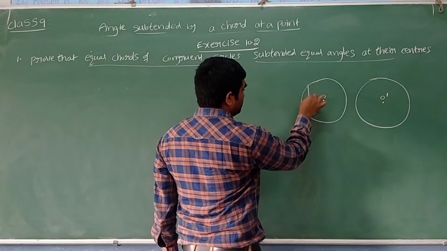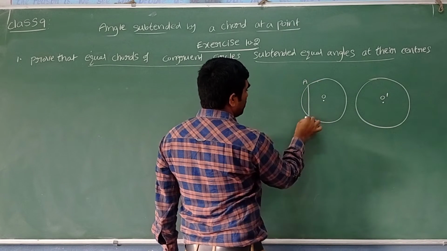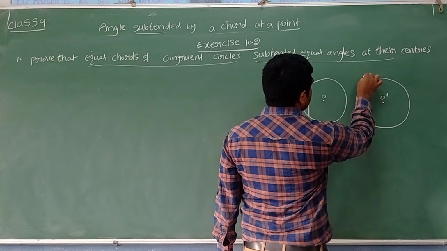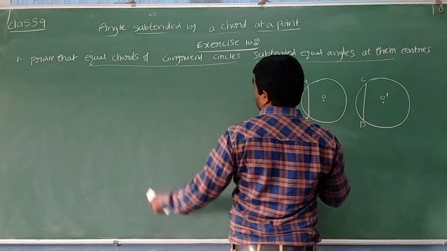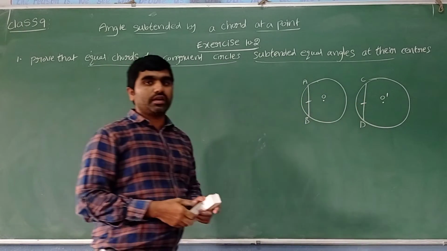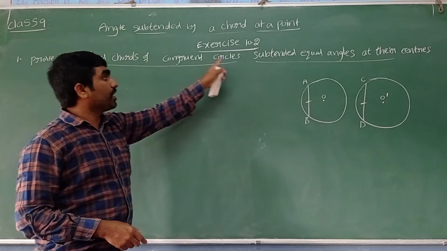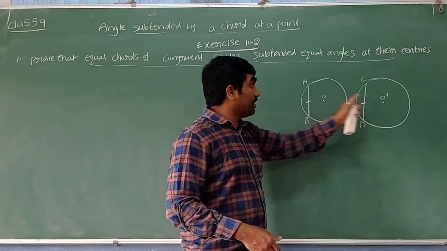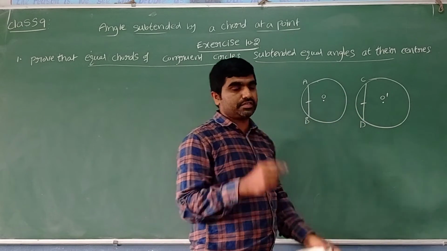Draw one curve, which I am taking as AB, and draw one more curve, which is CD. In the question they said equal curves, AB is equal to CD, of congruent circles. These two circles are congruent, I mean both circles have the same radius.